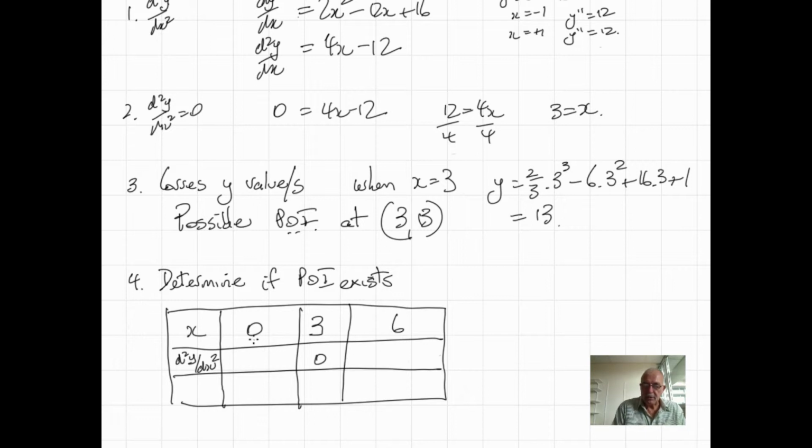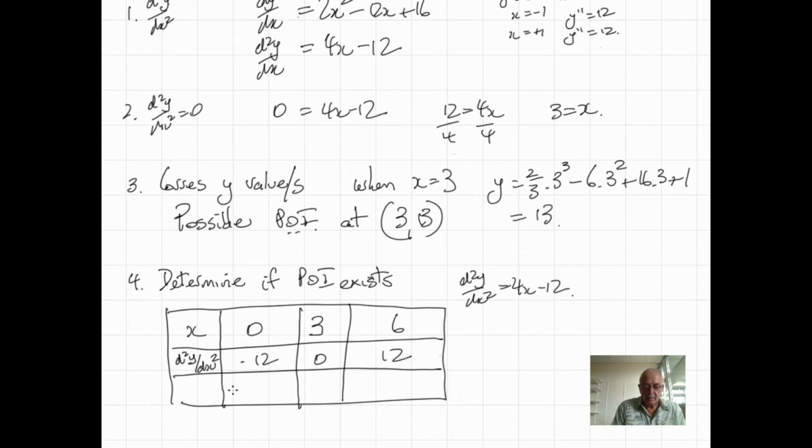Now d2y dx2, from what we've done above, is 4x minus 12. So all we've got to do is put 0 into that, and we get 0 minus 12, so that'll be negative 12. When we put in 6, 4 sixes are 24 minus 12, so that's equal to 12.